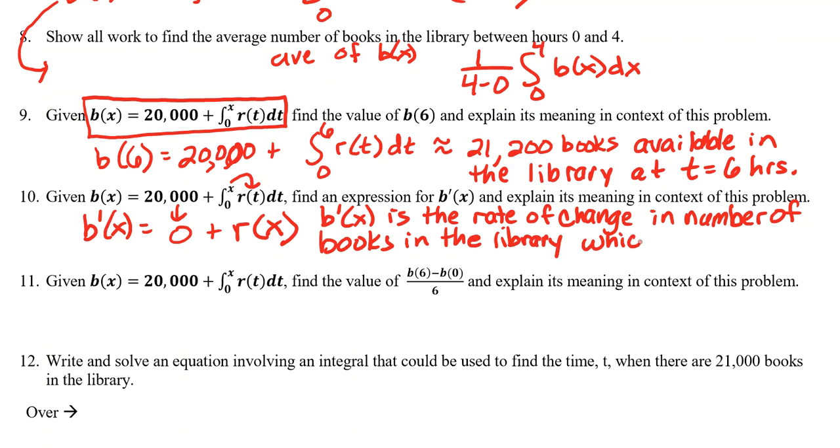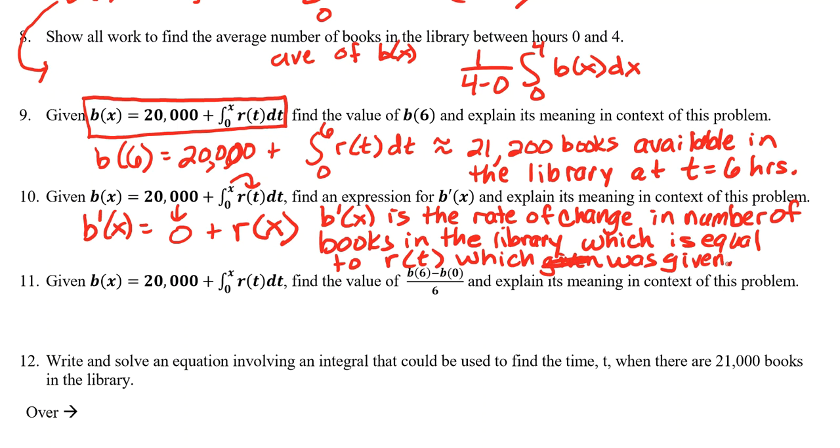And as expected, which is equal to r of t, which was given to us at the start of the problem. So we came full circle right back to the change in the books available is our r of t function, which was given. Let's make that a sentence there.